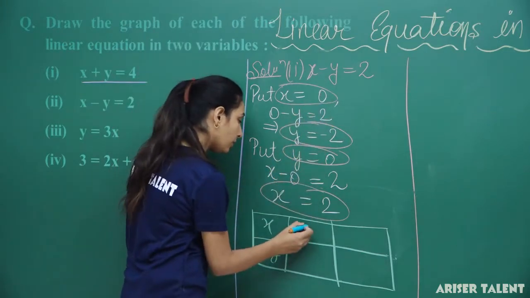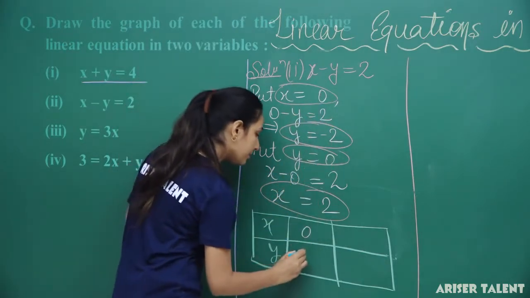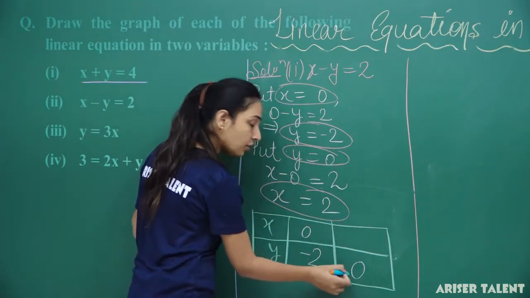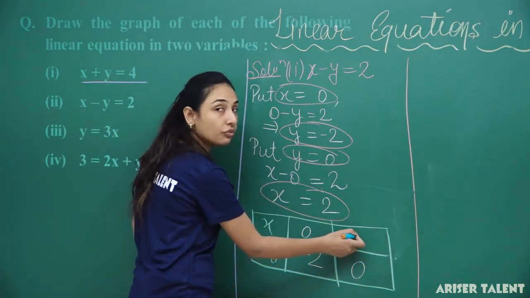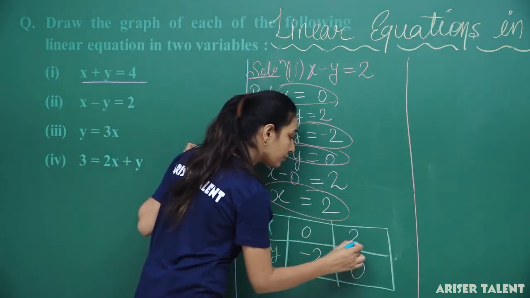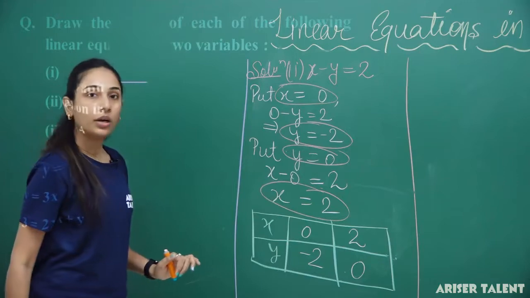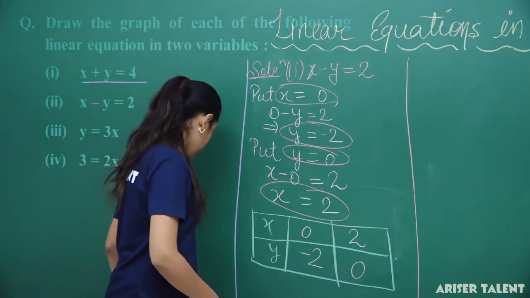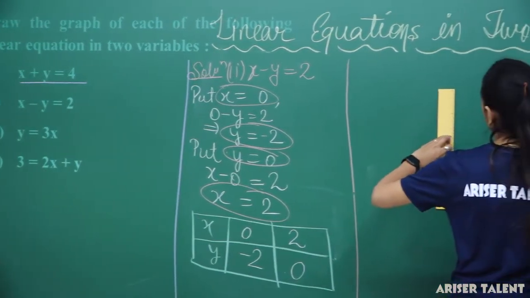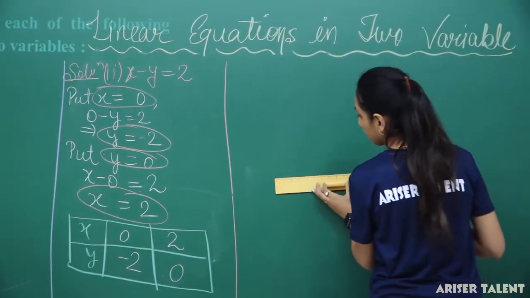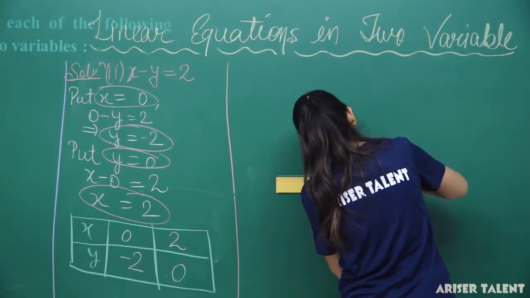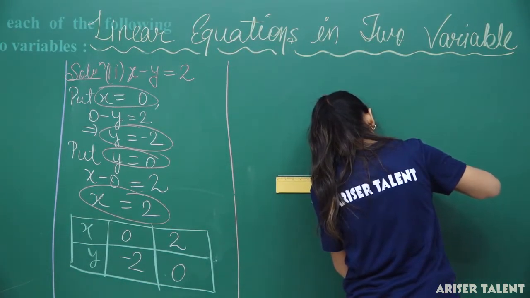Now, at x equals to 0, the value of y is minus 2, and at y equals to 0, the value of x is 2, right. So, again what I have to do is to make this graph, right. Again I will repeat the process, and students, you are going to repeat the process too.